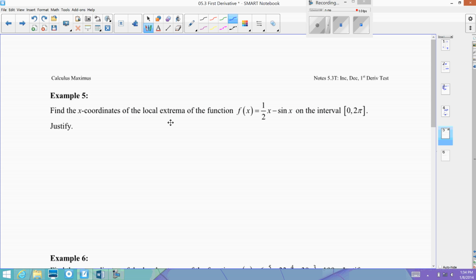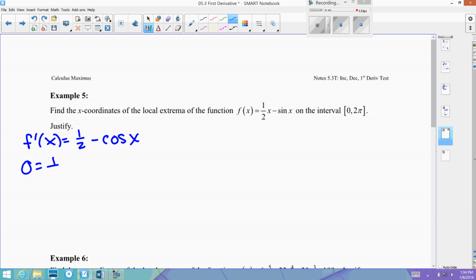Let's see. So this is something that we could do here. Find the x-coordinates of the local extrema on this. So local extrema, remember, are going to happen at the critical value. So we should find the derivative. So we're going to get 1/2 minus cosine of x. And remember, this is always defined, so we don't have to check where it's undefined.